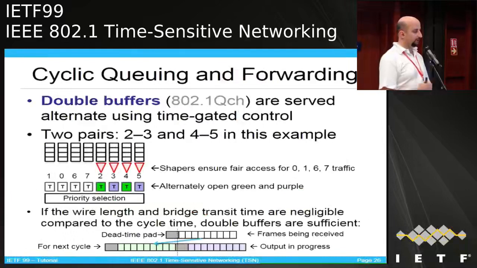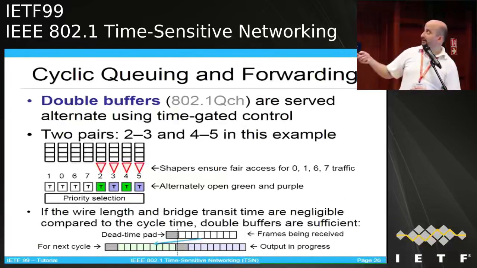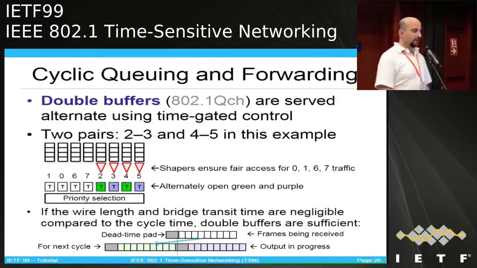For example, the time-gated queues are the basic tool we use for the cyclic queuing and forwarding, which, in a sense, uses double buffers to establish cycles in the network. And the goal is that each packet spends exactly one cycle at each hop. This example shows 2 pairs, so 4 and 5 are 1 pair, that's green and blue, and 2 and 3 are as well 1 pair. But let's focus on a pair of queues.